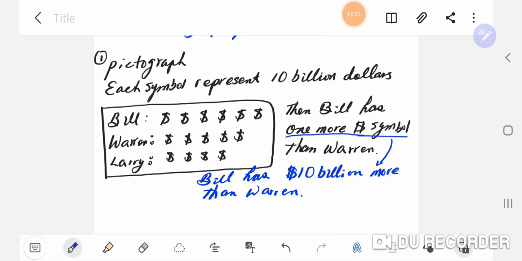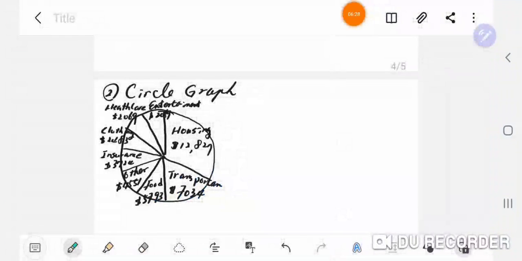So let's use this time a pie chart, the circle graph. This circle graph shows the average amount a household spends. In this case, the larger piece indicates they spend more money on this category. So housing takes the largest area in this circle graph. This household spends mostly $12,827 on housing.